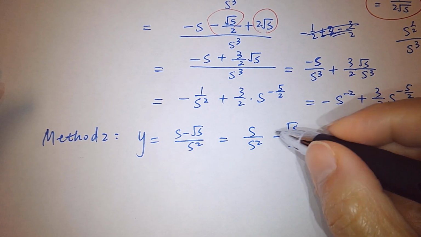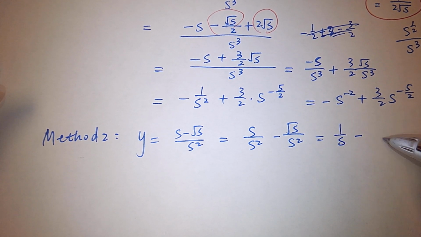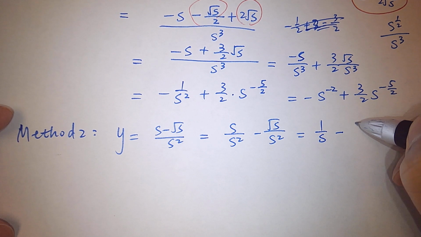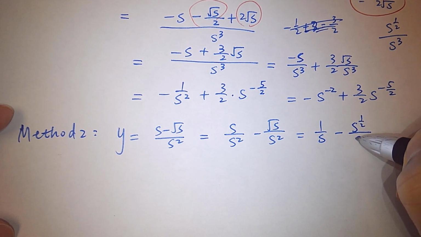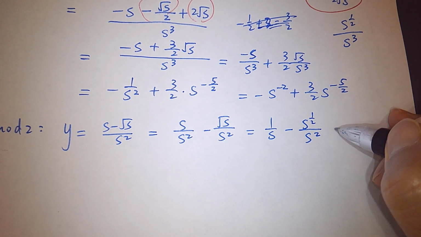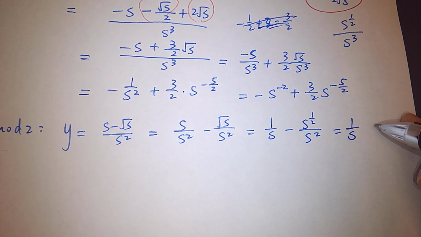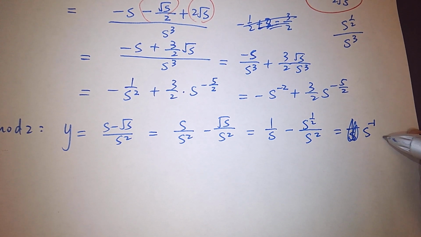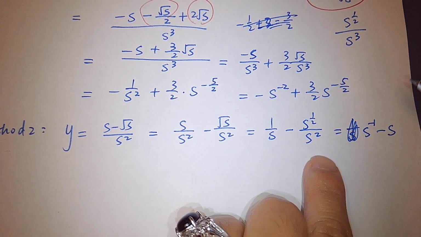This will give us 1 over s minus what? This is s to the 1/2 divided by s squared, right? So 1 over s, or s to the negative 1 power, minus s to the what?